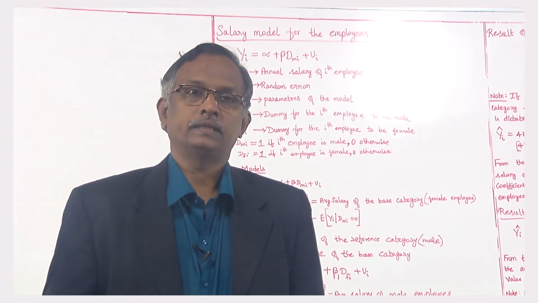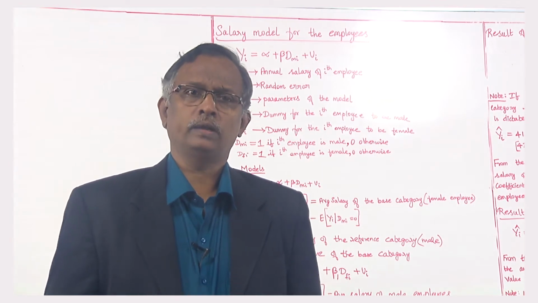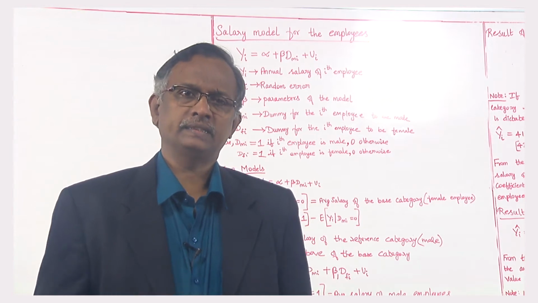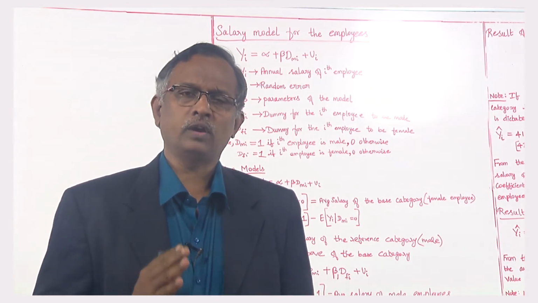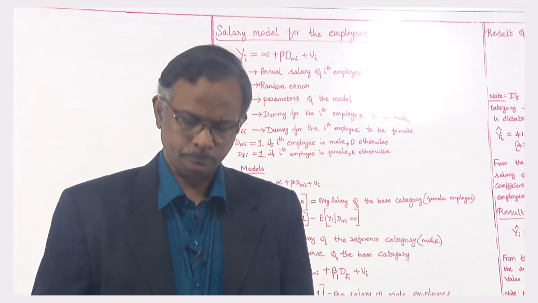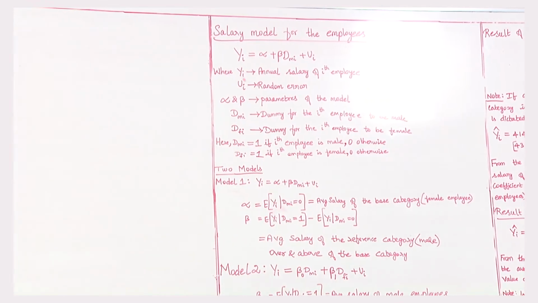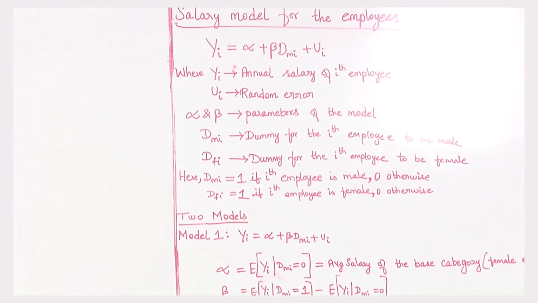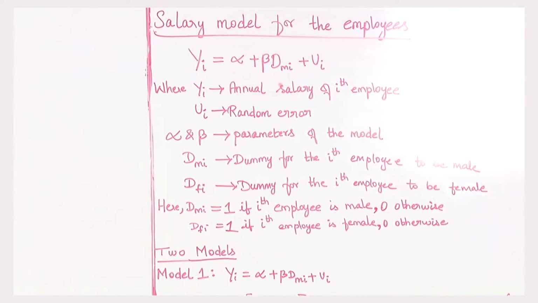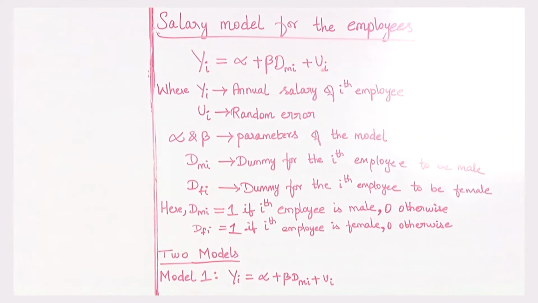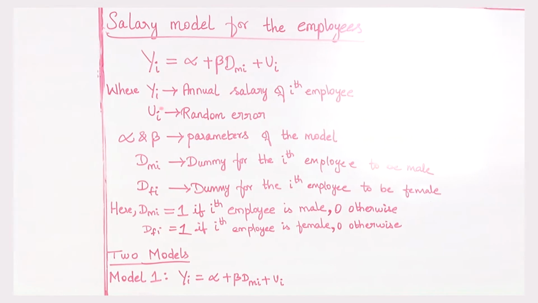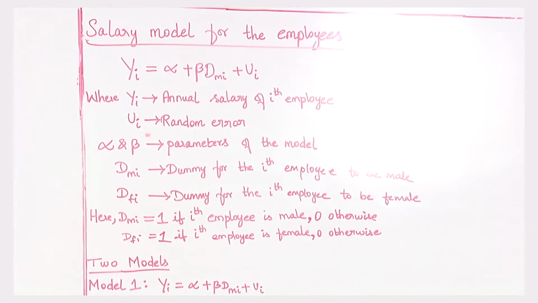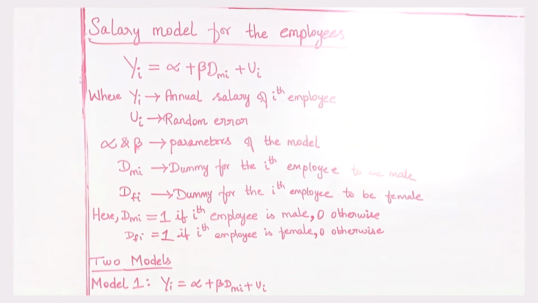Let me illustrate a simple ANOVA model that may help you to understand the meaning of the coefficients in an ANOVA model. Let us take one model. This is a salary model for the employees. yi is equal to alpha plus beta DMi plus ui, where yi is the annual salary of ith employee, ui is the random error.